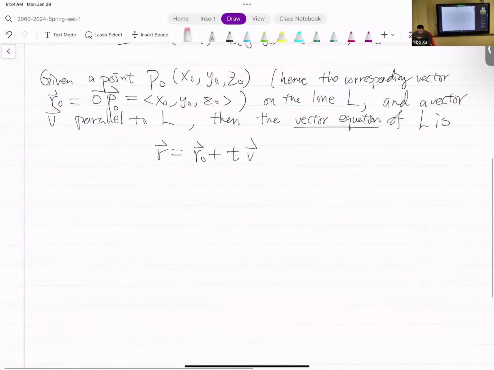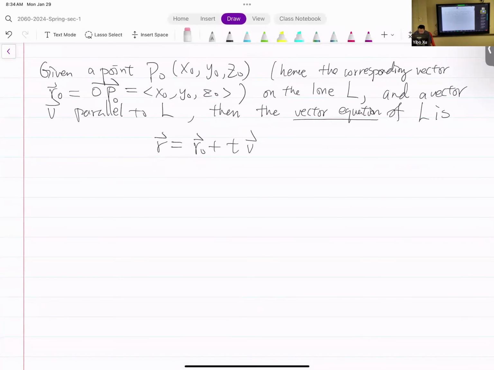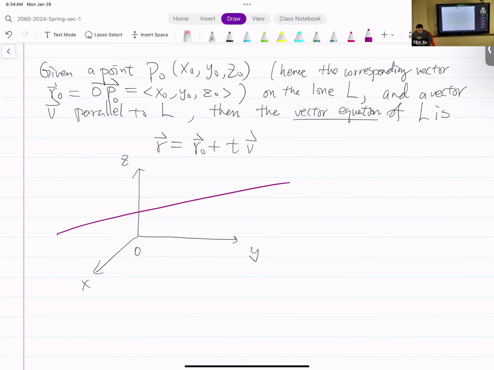To give a figure, it's actually in 3D. Let's quickly sketch. We have the coordinate system, and let's say we have a line in purple. P0 is whatever point you pick on this line, and this vector r0 goes with the head at P0 and the tail at the origin.